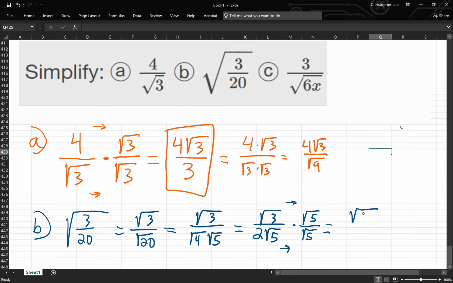Square root 15, right? Now, on the bottom, this is going to be what? 2 times square root 5 times square root 5, which is what number? 5, right? And the final answer is 10, right? So this is square root 15 over 10. Very good.